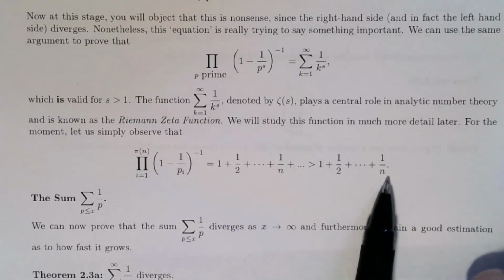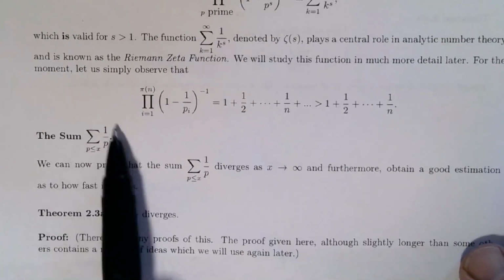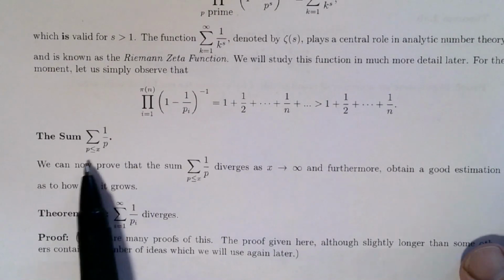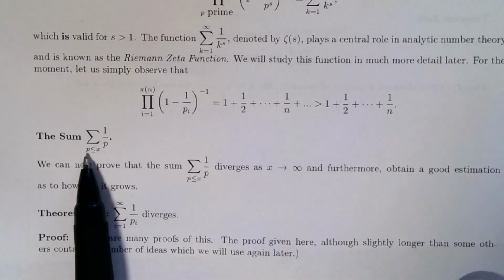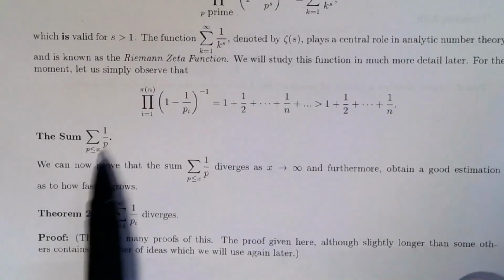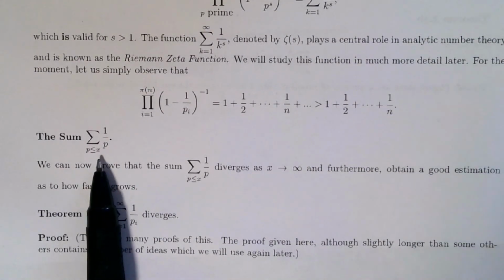Now, in the next video, we're going to examine in detail this sum of 1 over p, for p less than or equal to x, p prime. That is, we're going to look at the sum of the reciprocals of the primes, and we're going to show that this sum diverges as x goes to infinity.